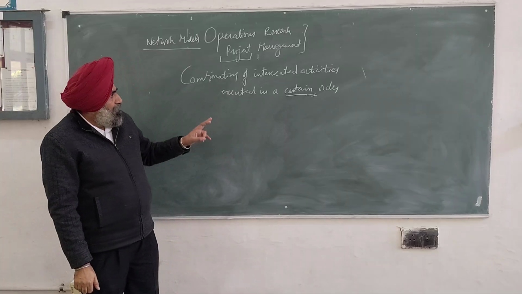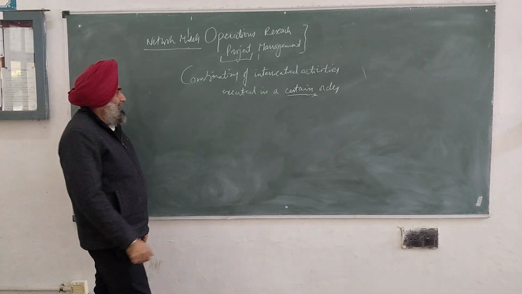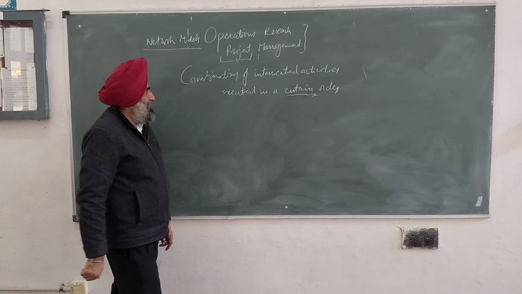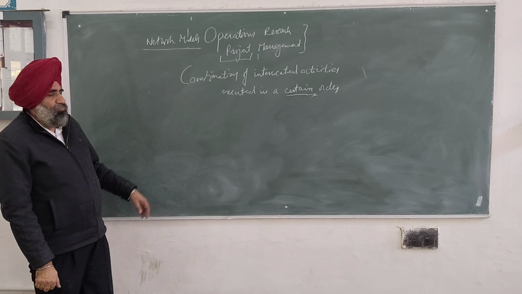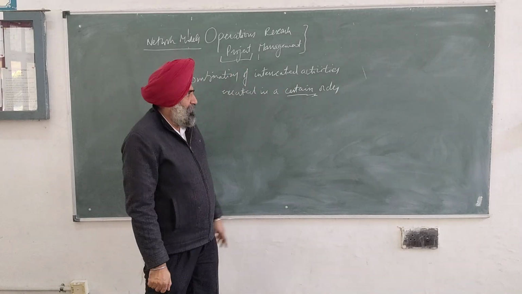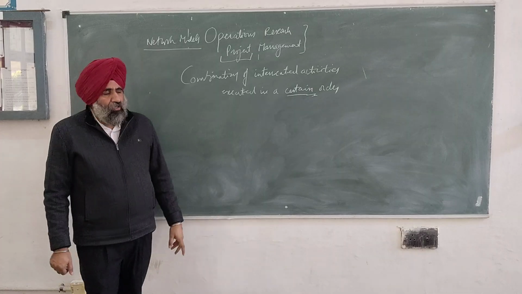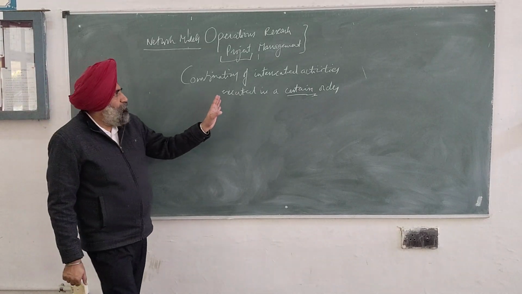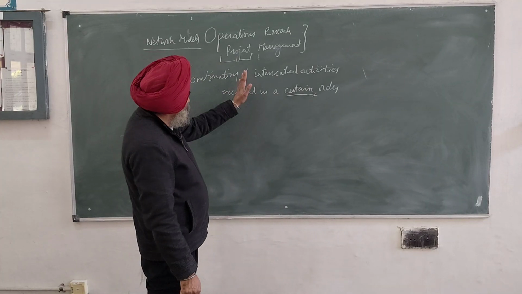In a certain order, before the entire task is completed. Let me again define this: a project is a combination of interrelated activities which must be executed in a certain order before the entire task is completed. This is one of the definitions given by one of the authors.